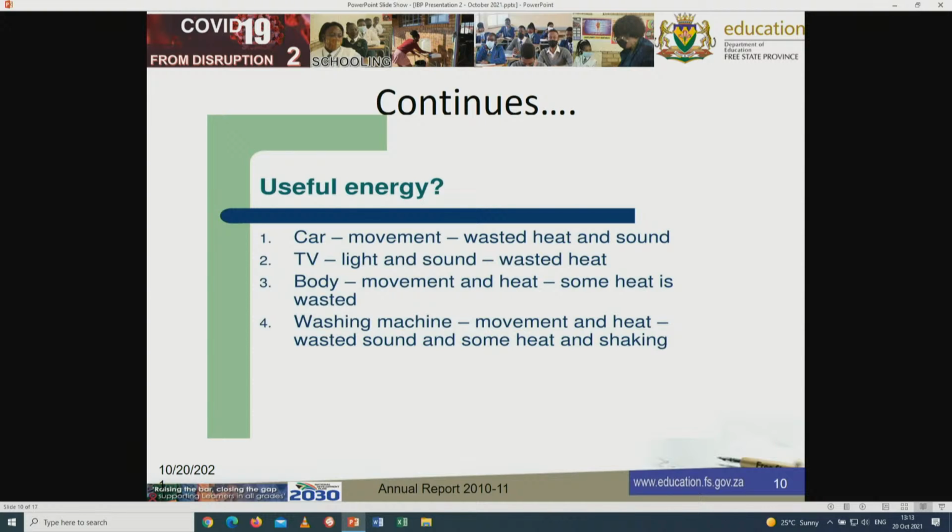Either petrol or diesel, that energy is converted. That car will be able to move. It's very useful in that way when that car is moving. But at the same time, there is going to be energy wasted there in the form of heat and in the form of sound from that car.